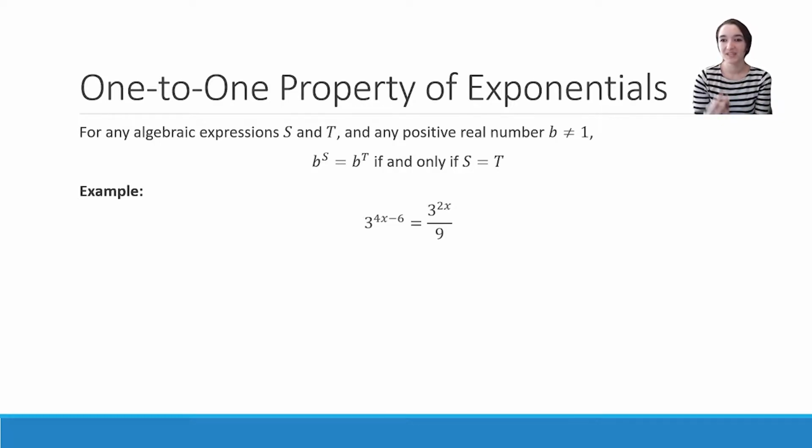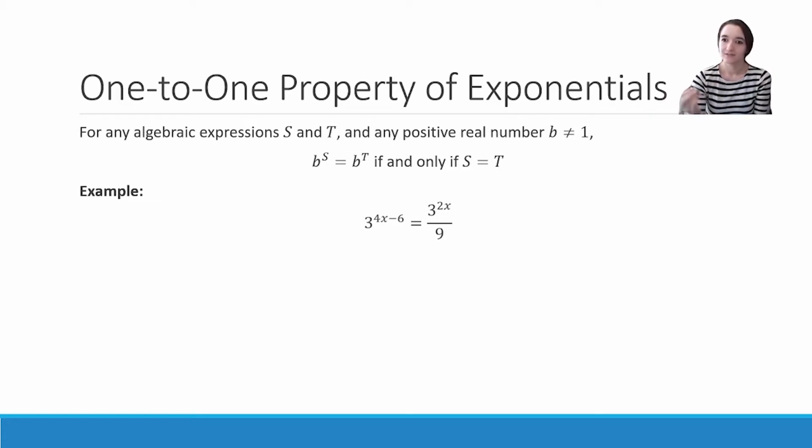Essentially you really can't do much of anything with exponentials until they have the same base. Then we can start combining them and applying all of our exponent properties. Remember, all those properties of exponents and properties of logs only work when they have the same base. If they have different bases, you can't really do any of them.